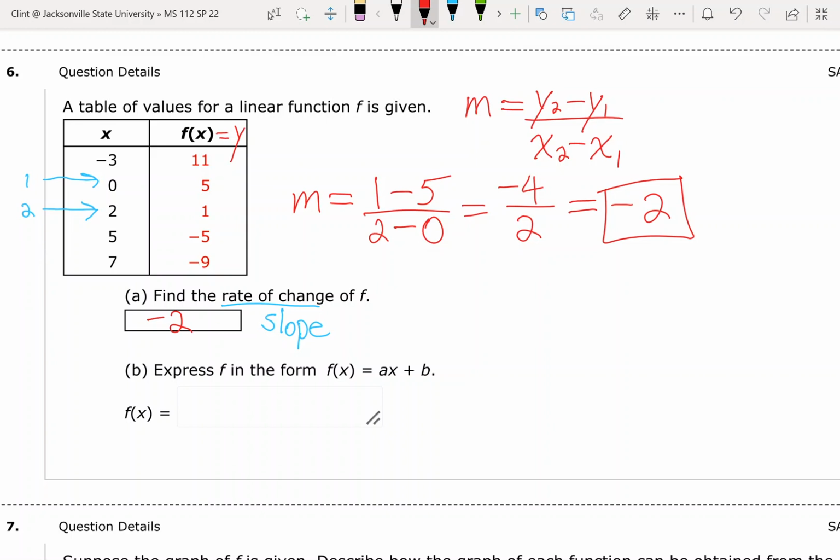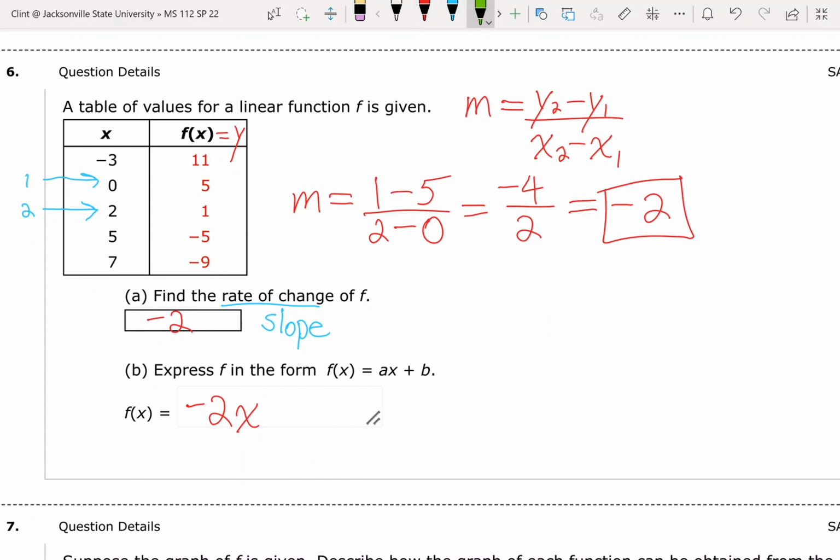And then putting it in the form ax plus b, that's just like mx plus b. So a is the rate of change, or you could call it m and call it the slope. We've already got that number, so we're going to have negative 2x. Just plug in the slope for the rate of change. And then we need b, the y-intercept.